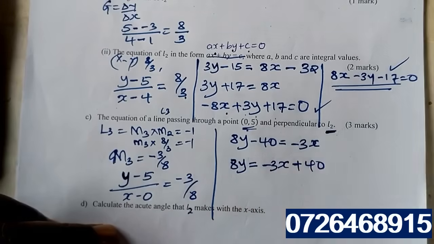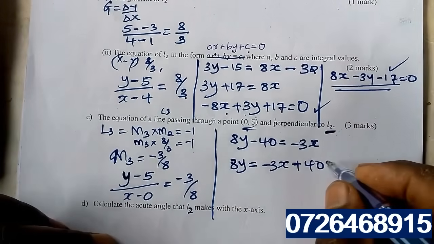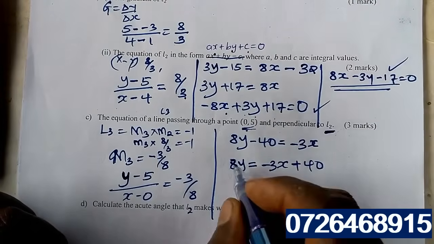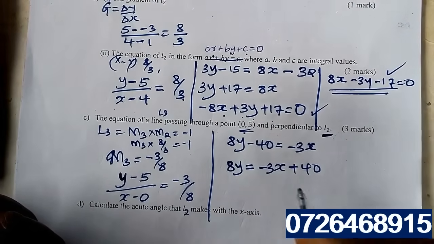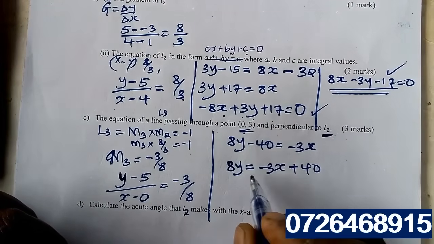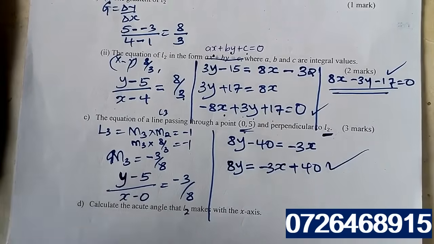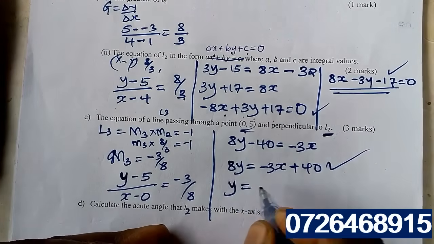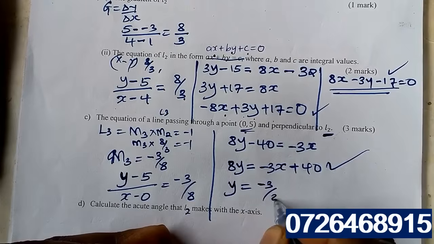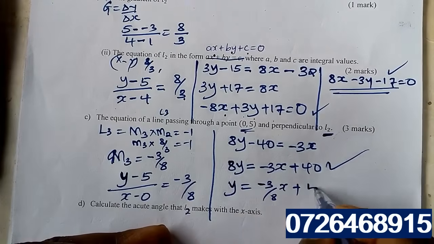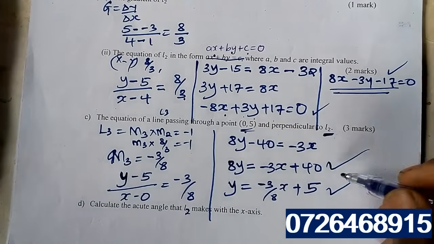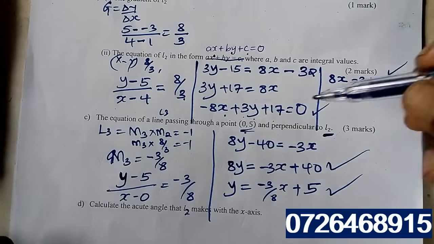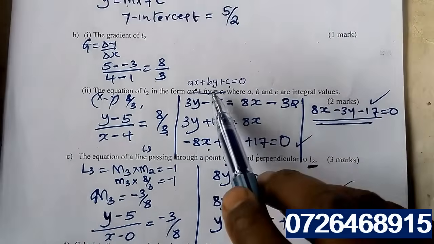I have moved that to this side. Then what else can we do? You can leave this here because we were not given instructions, or you divide by 8 everywhere. So we are going to have y is equal to minus 3 over 8 x plus 5. This one is also okay and this one is okay. Why? Because we were not told which form to use.